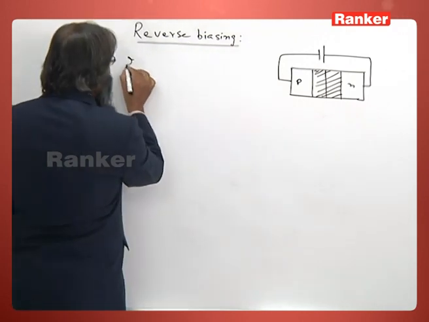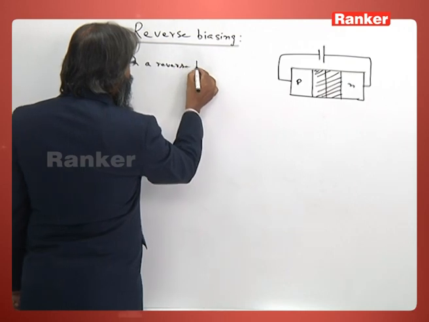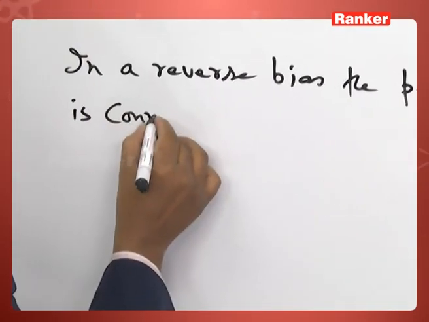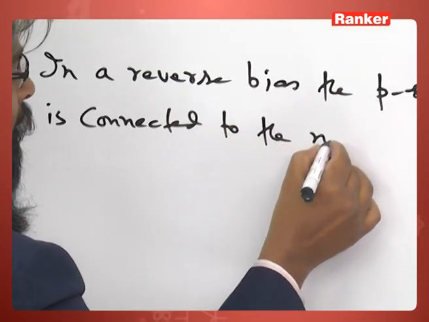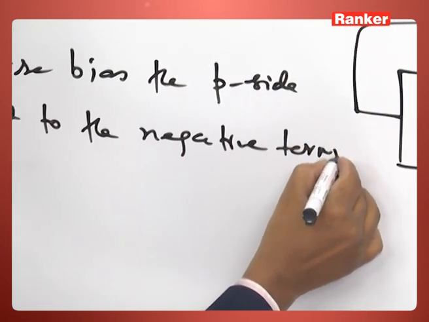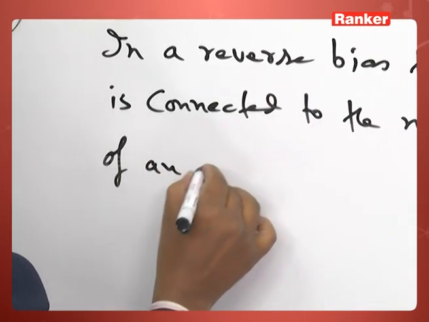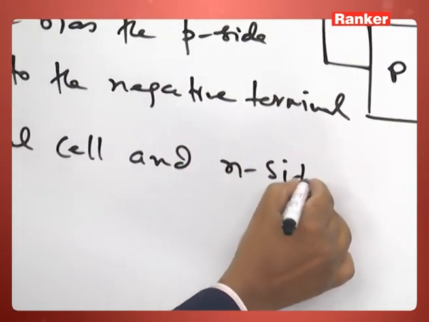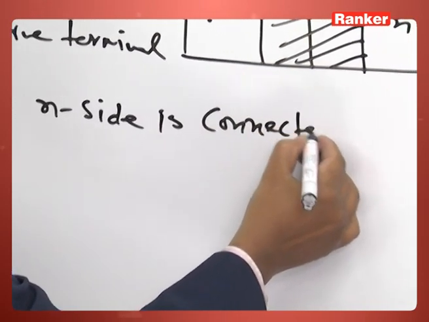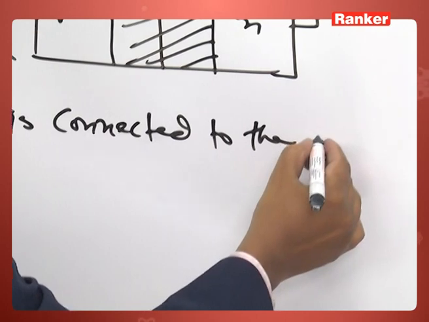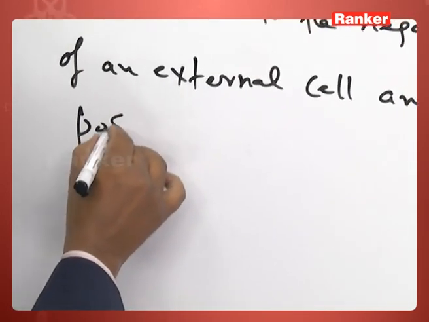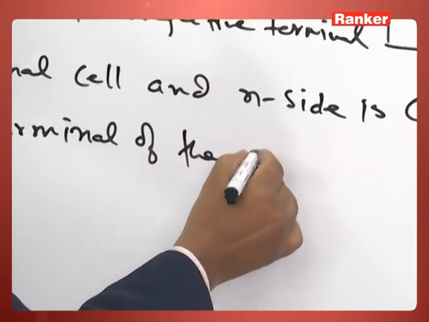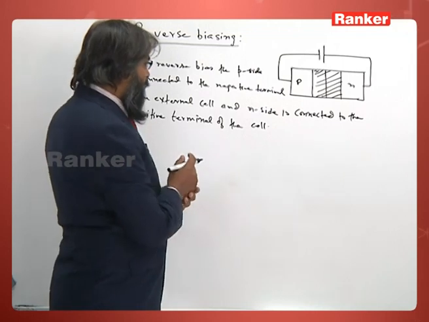So in a reverse bias, the p side is connected to the negative terminal of an external cell, and the n side is connected to the positive terminal of the cell. This is what we do in reverse biasing.